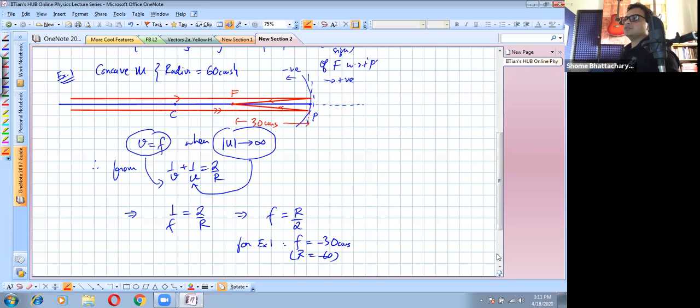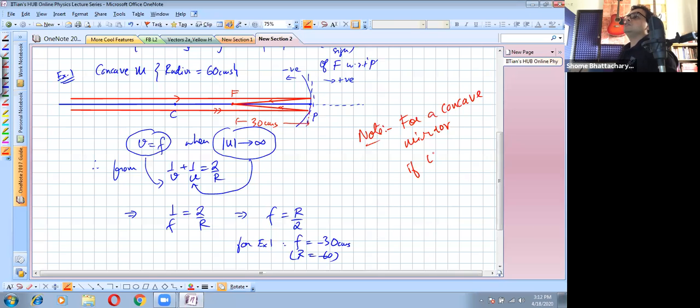What we are also understanding here is that for a concave mirror, if u is at infinity, then a real image is obtained at the real focal position, where the focal length is R by 2.